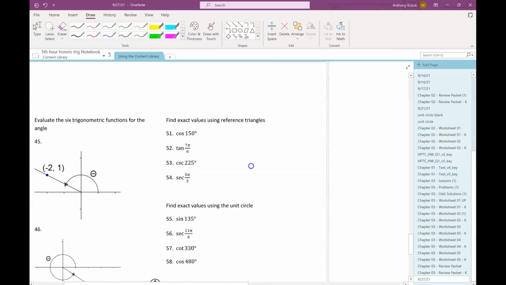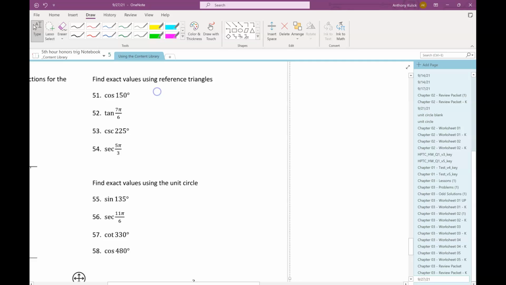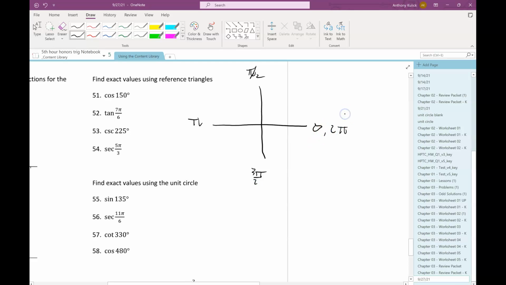Okay. So it says find the exact value using a reference triangle. So I'm going to start here first by drawing 5 pi over 3. So 0, this is pi over 2, that's pi, 3 pi over 2, and then back to 2 pi again.